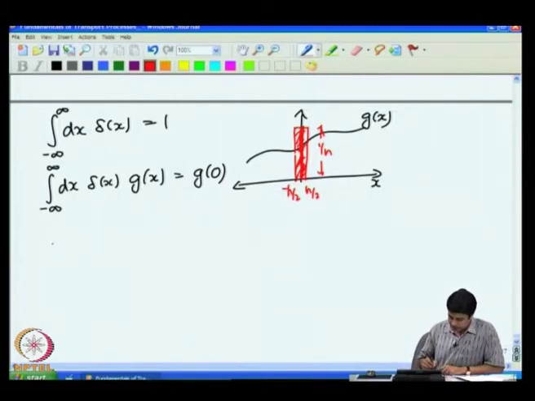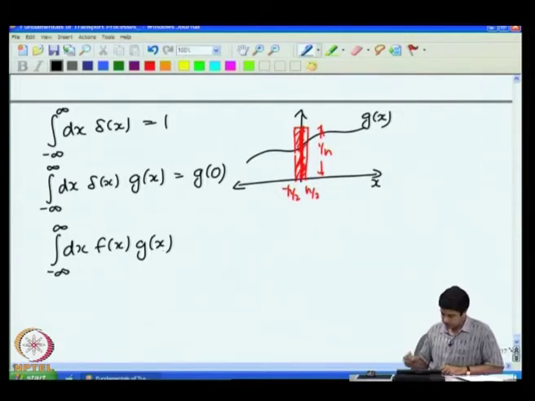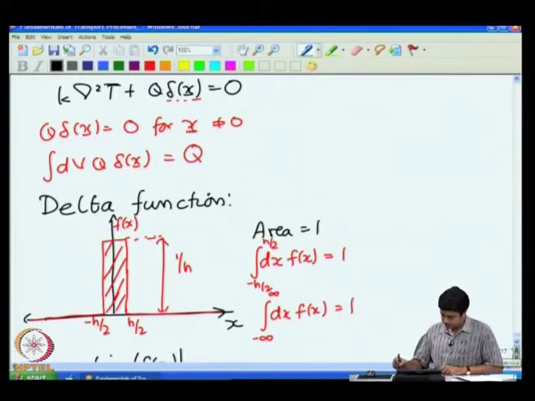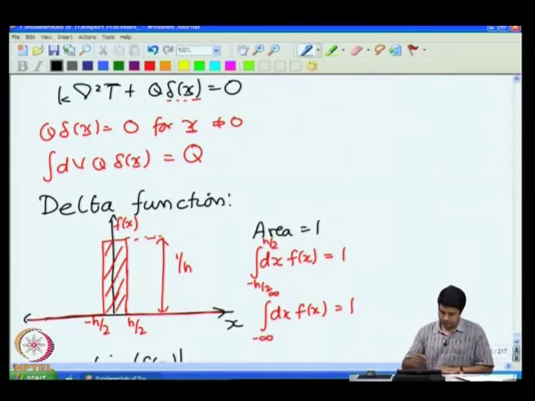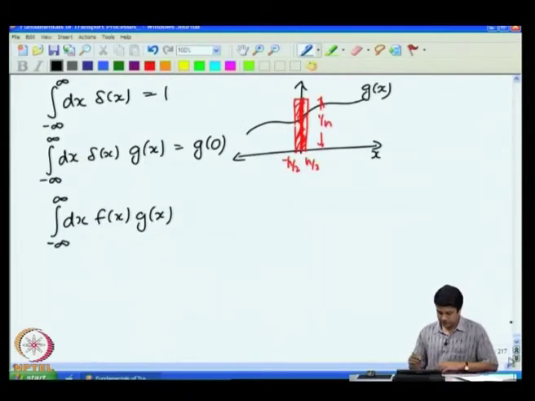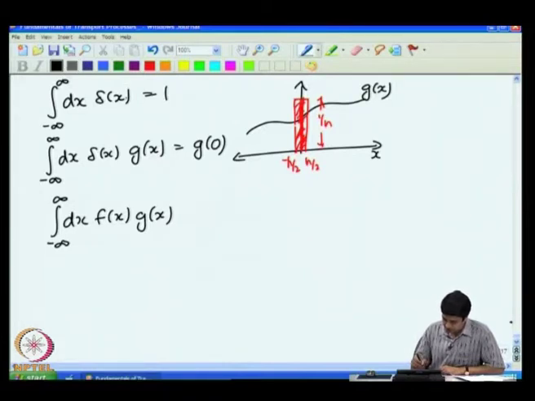So, this integral dx f of x g of x, where f of x was this function that I had there. This is the function f of x. I multiply that by g of x and take the limit. Since f of x is non-zero only between minus h by 2 to plus h by 2, I get the integral from minus h by 2 dx.